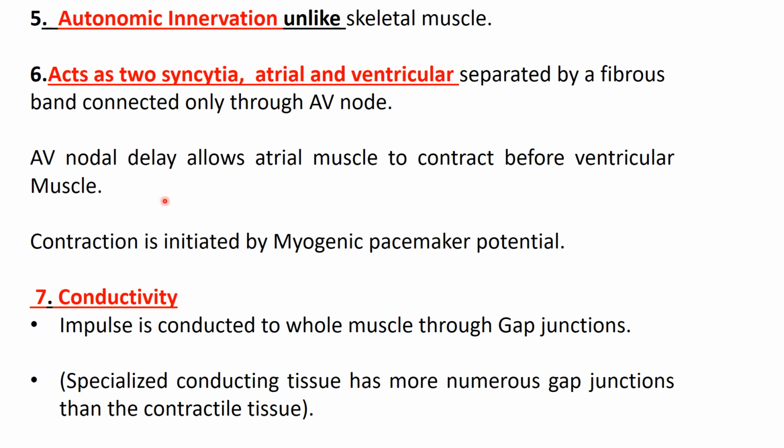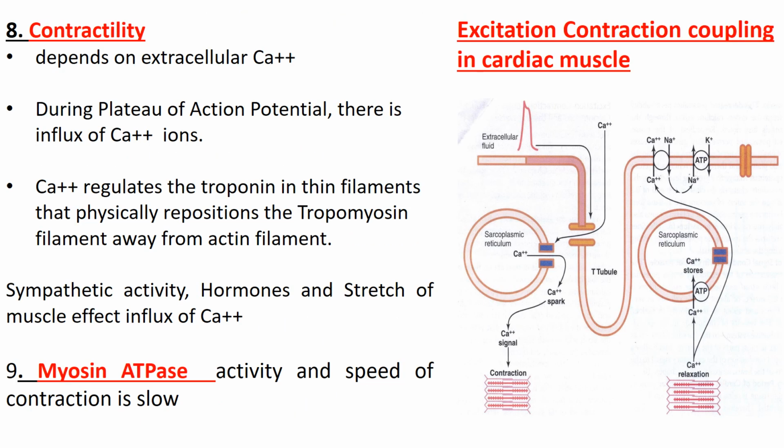Coming to the next property, this is conductivity. The impulse is conducted through the gap junctions, as we have seen in the smooth muscle fibers. Now the eighth property is contractility of the cardiac muscle fiber, and like the skeletal muscle, it depends upon calcium.